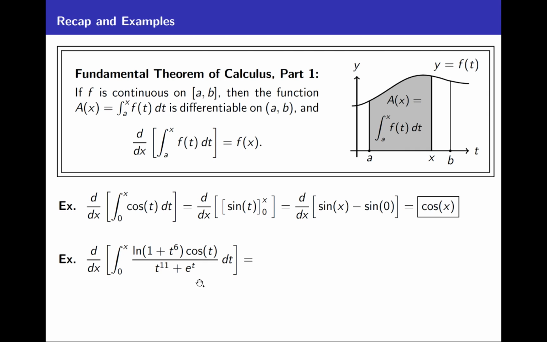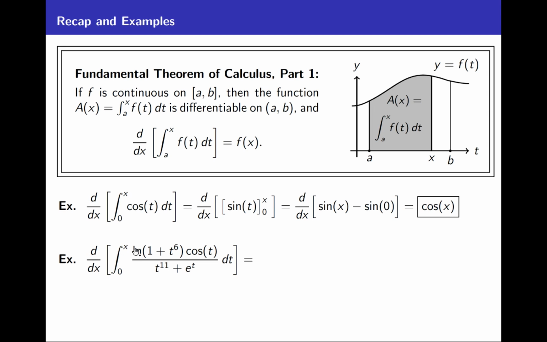Now, if we were to try to do this one the way we did in the previous example, we'd be trying to use the fundamental theorem of calculus part 2 for this. And the problem is you're just not going to be able to find an antiderivative of this function of t. So you're at an impasse. However, all we want is the derivative of this function.